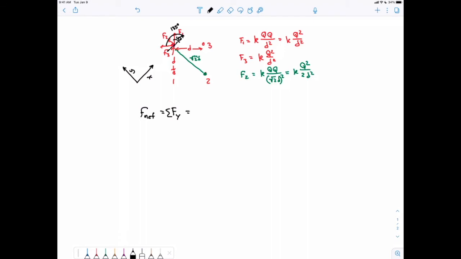And so the y components look like the magnitude F1 times sine of 45 degrees. F2 is pointing along y. And F3 is at 135 degrees from my x-axis.